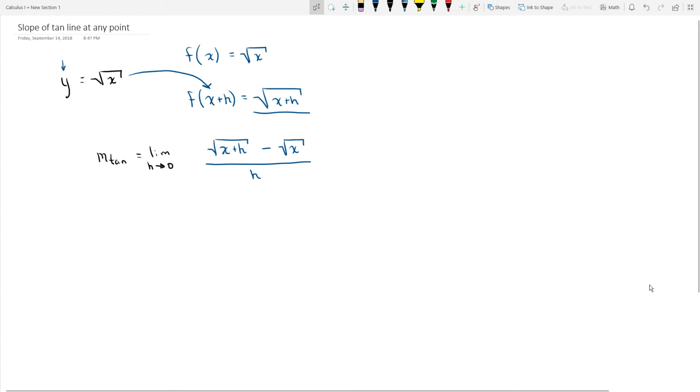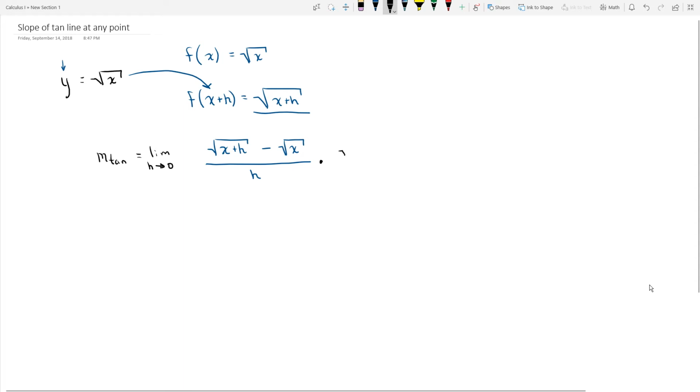So one of the ways that we have learned that we can manipulate this rational function is that we could multiply the numerator and denominator by the conjugate. And in this case, we need to use the numerator because the denominator wouldn't give us much to work with. So let's see what that does.